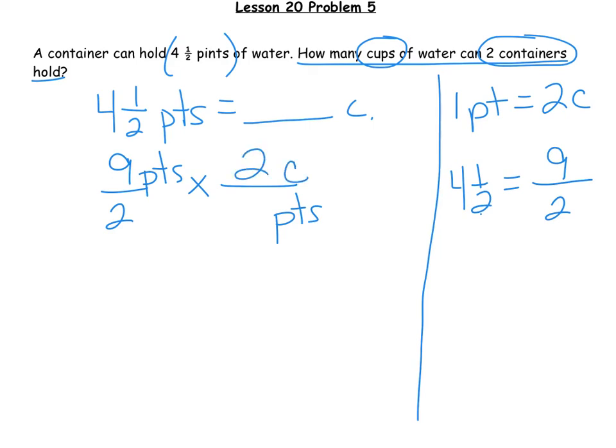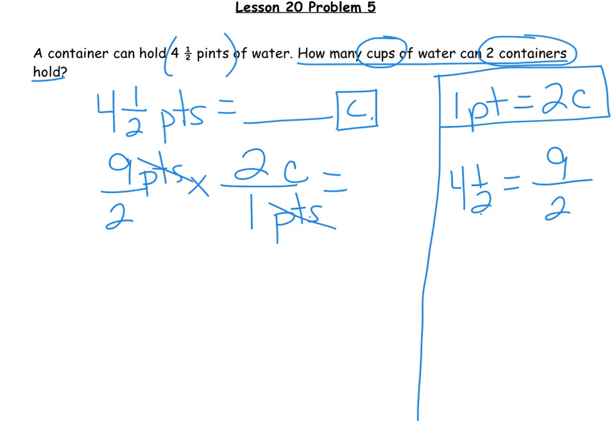So 2 cups to the 1 pint, got that from right here. So I can cancel my pints because 1 pint in the numerator and a pint in the denominator, cancel them out, so all I'm left is cups, which is what I need.